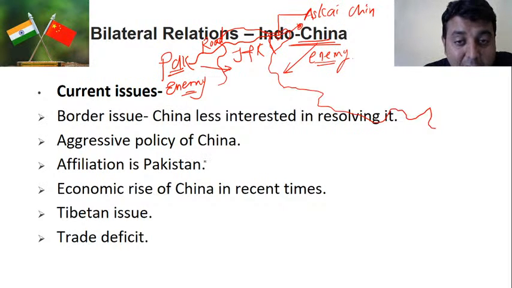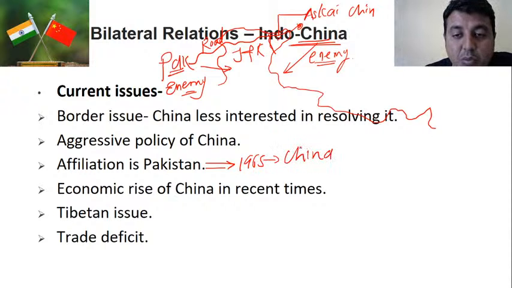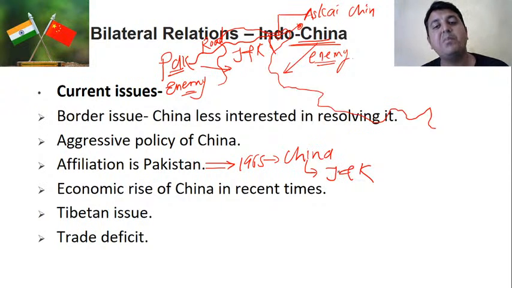Along with that, in the recap, I mentioned that Pakistan and China relations changed after 1965, and we mentioned that after 1965 China supported Pakistan over Jammu and Kashmir. They said Jammu and Kashmir is a part of Pakistan. So that's the problem for us. The historical factor is always there, that is the claim over Jammu and Kashmir. And the recent factor is a matter of concern. Both countries are enemy countries.